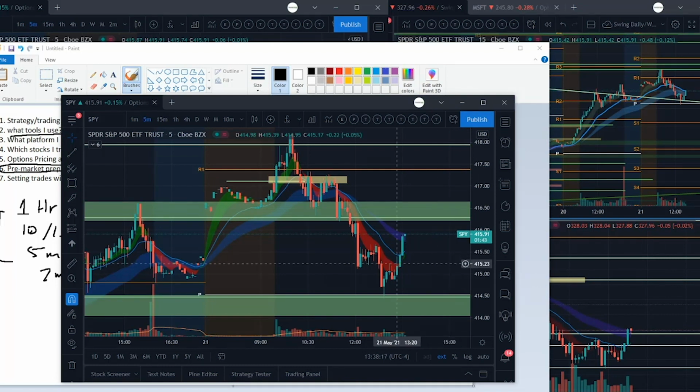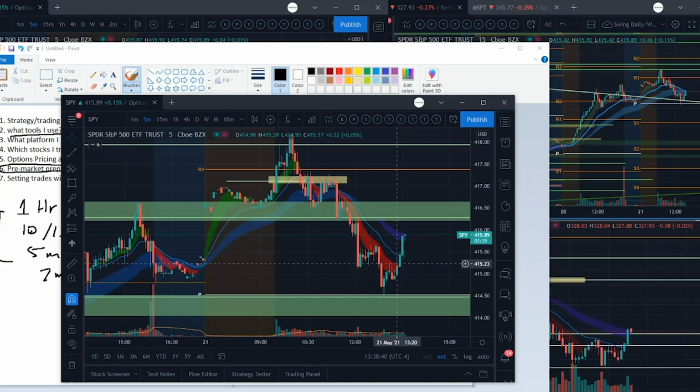So the way I like to use this is if we are above all of the EMA, I'm going to be long. If we are below all of the EMA, I'm going to be short. Now, the main EMA that I look at on a 5-minute is going to be the 20 EMA pretty much by itself.